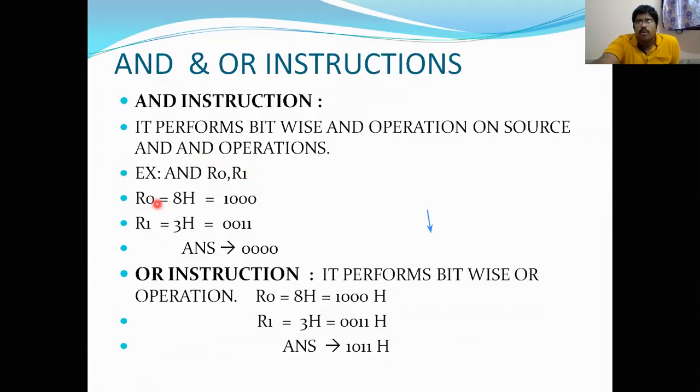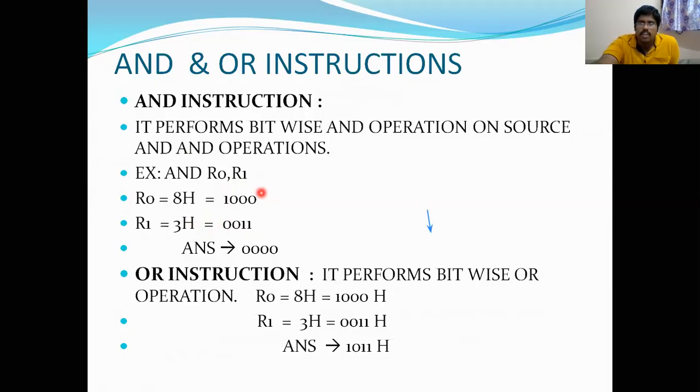So what is it going to perform? It is going to perform bitwise AND operations. What is the meaning of bitwise AND operations? Observe carefully. Consider R0 is equal to 8H, which is written as 1000, and similarly R1 is equal to 3H, and 3 can be written as 0011. How have we written this?